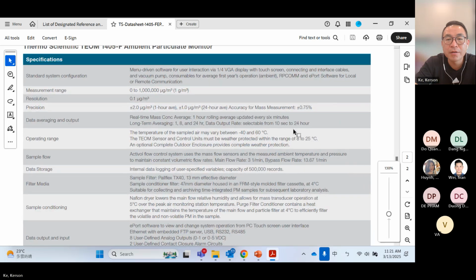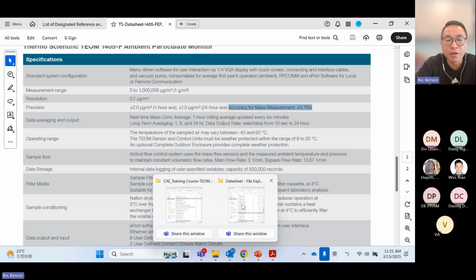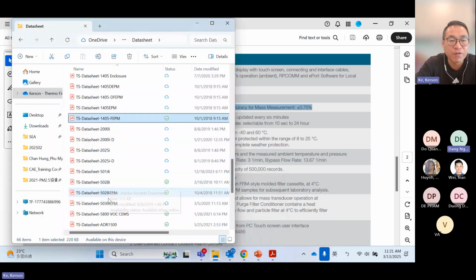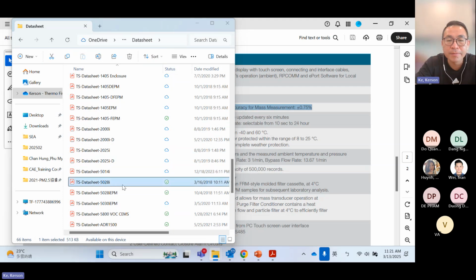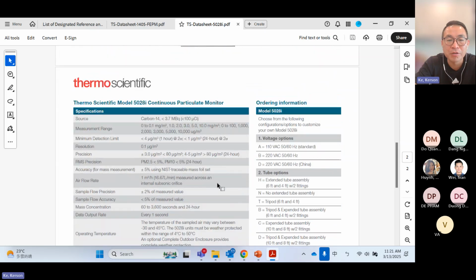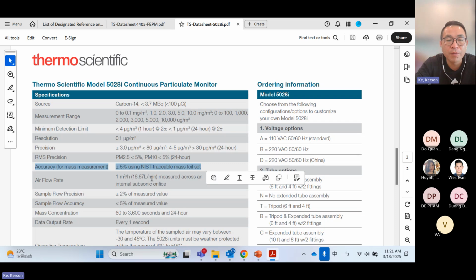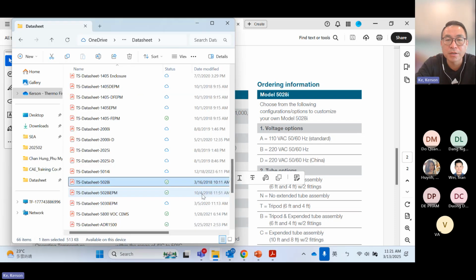Okay, here. Accuracy for mass measurement is plus or minus 0.75%. And if we check the 1520 AI, because now we use this one, the accuracy for measurement is 5%.